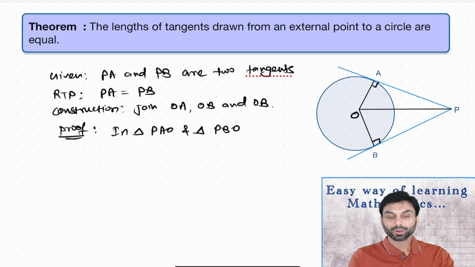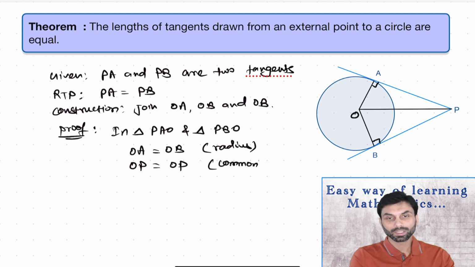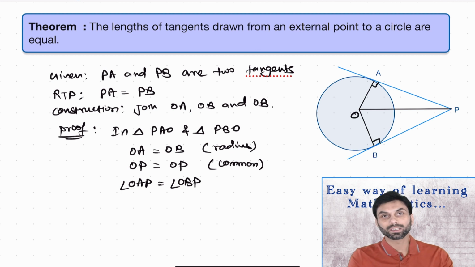So what we observe here is, if we take triangle PAO and triangle PBO, we'll get OA equals OB, that is radius. Then OP equals OP, that is common. And we'll also get angle OAP equals angle OBP, that is angle between the radius and tangent is 90. We have already seen in the previous theorem.